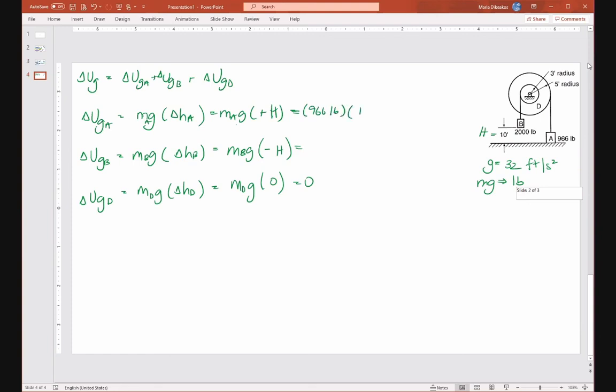Our H is 10 feet. So what does that give us? This one here is 2,000 pounds. Again, our H, but it's minus in this case. In this case, the number should be negative, because we have the negative here.